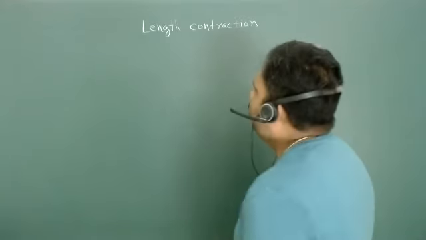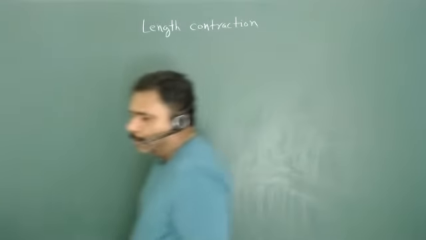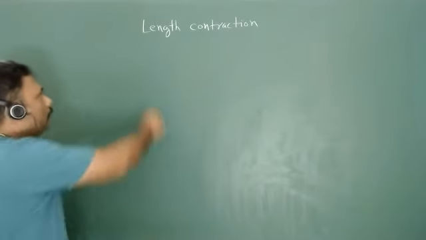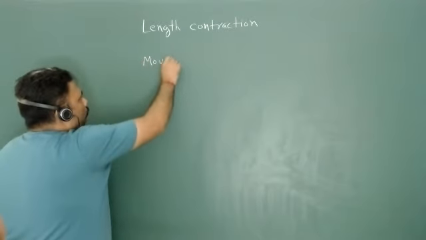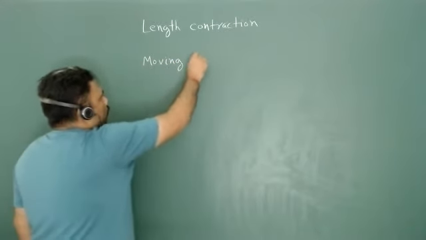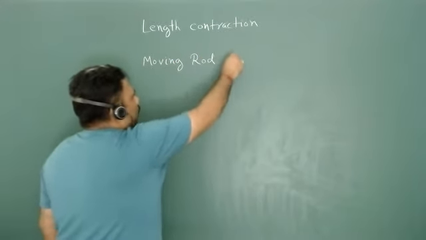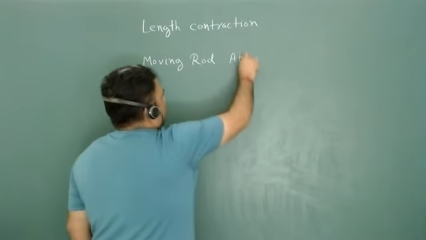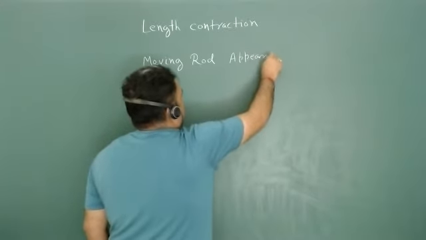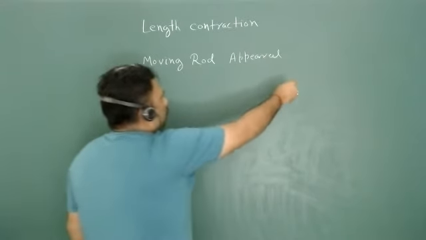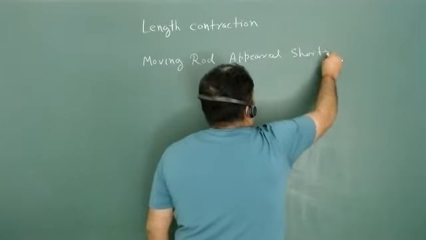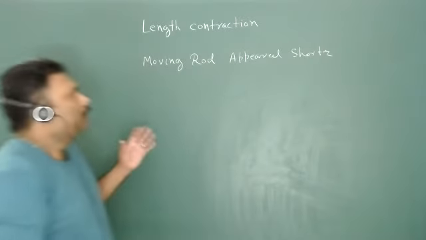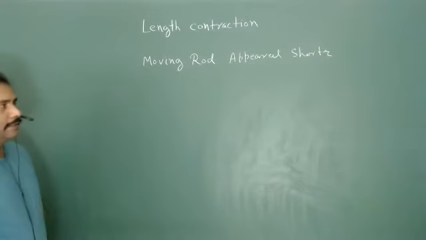The one-liner for length contraction is: a moving rod appears shorter.